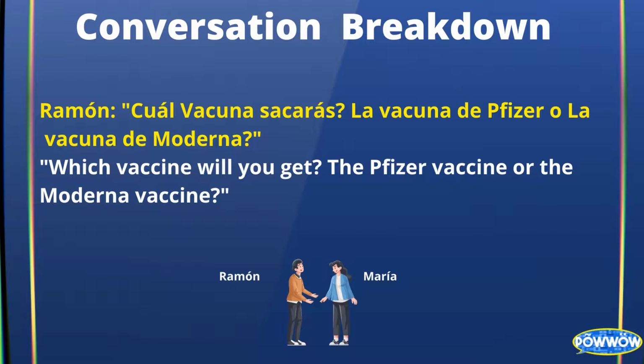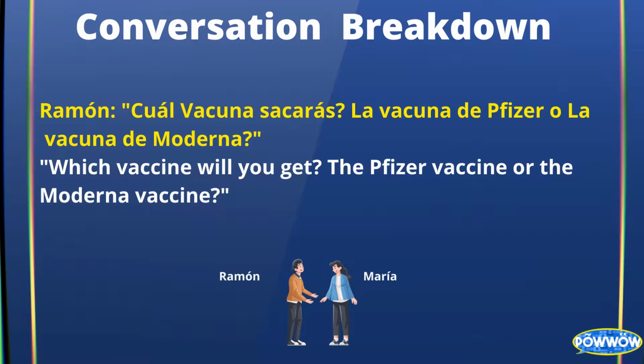In this case, this is a question for which vaccine will you get. Then you have la vacuna de Pfizer or la vacuna de Moderna. Now, la vacuna de Pfizer is the Spanish way of saying the Pfizer vaccine. And then you have la vacuna de Moderna, which is the Spanish way of saying the Moderna vaccine.